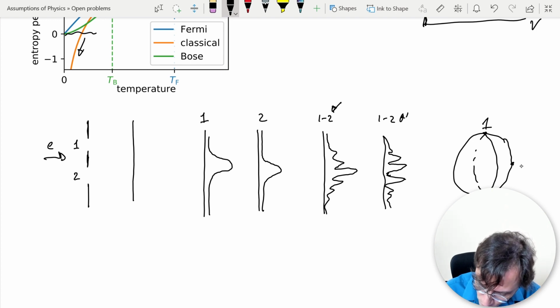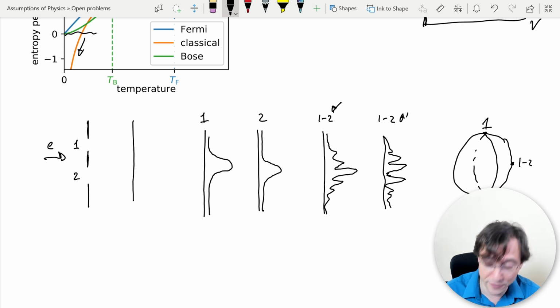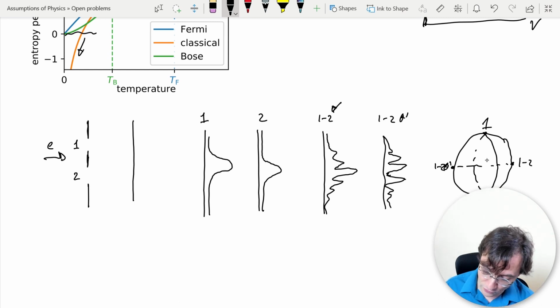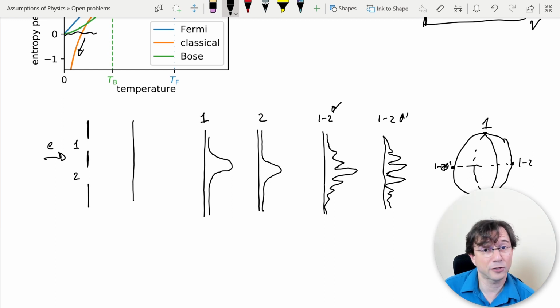That state would correspond to, for example, here, 1, 2. The other one, where we made a phase shift of 180 degrees, will be the corresponding extreme point on the other side. You can see that these two are just superpositions of these two states. And that's it, this is how the qubit works.